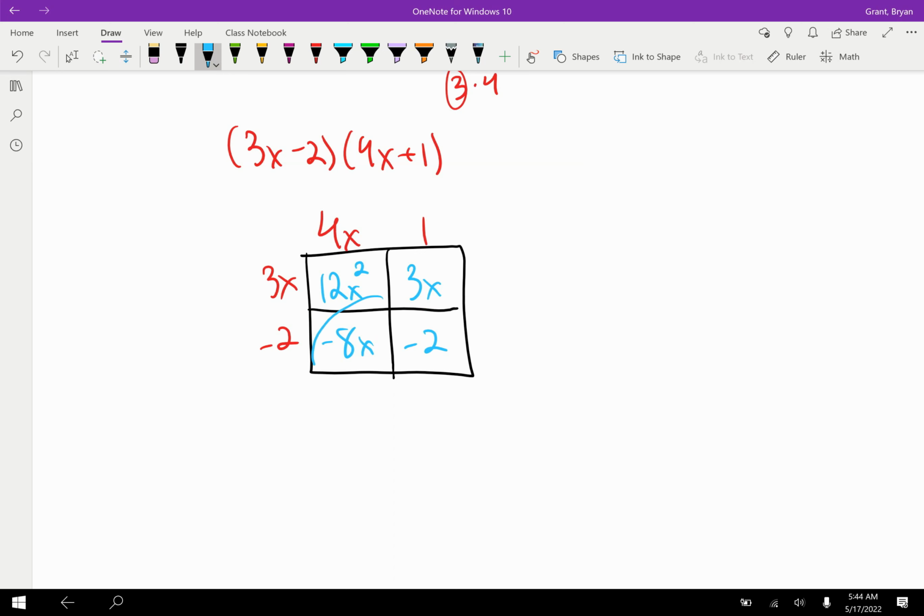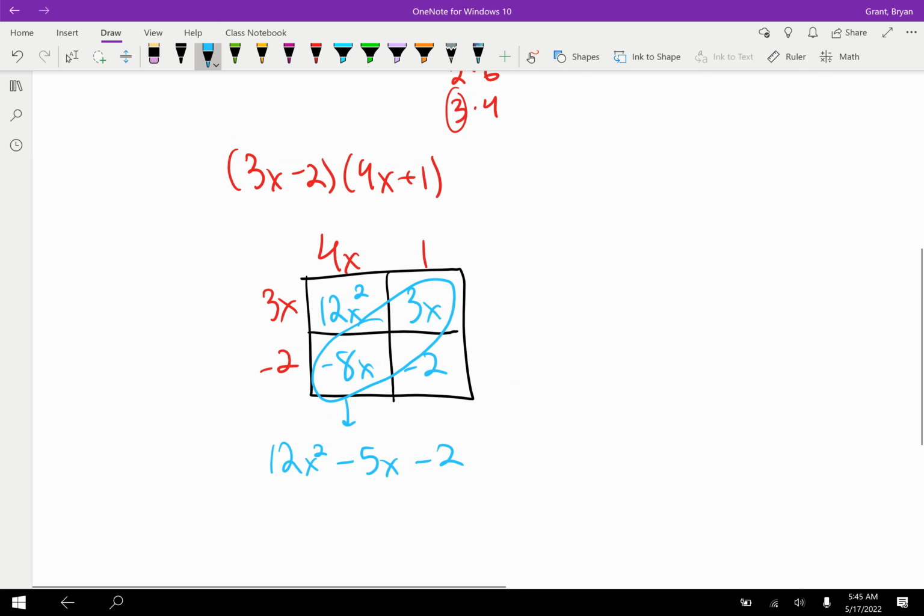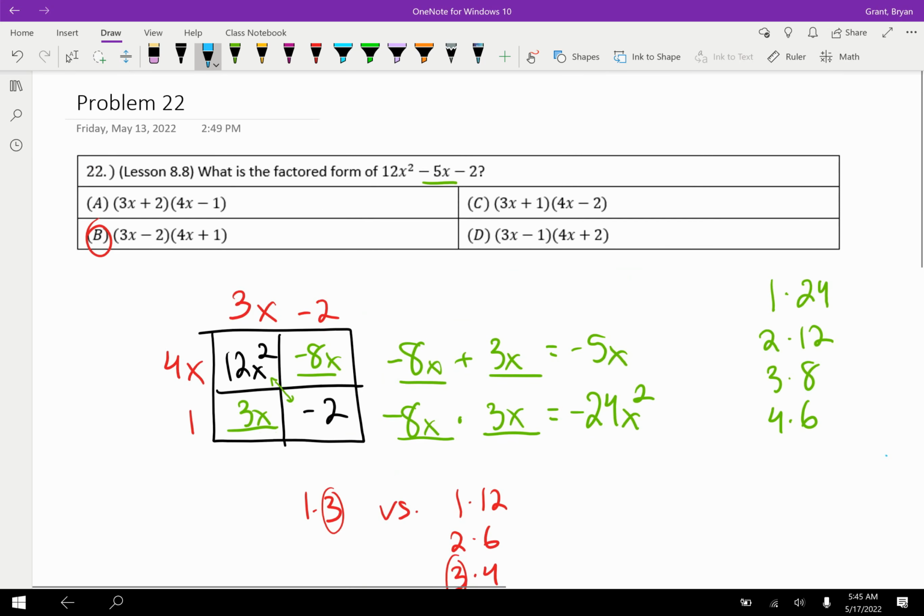So when we combine our like terms, we'll still have the 12x squared. Negative 8 plus 3 is negative 5x. And we have the minus 2 at the end. This matches our original problem, 12x squared minus 5x minus 2, and so we know that B is the correct answer.